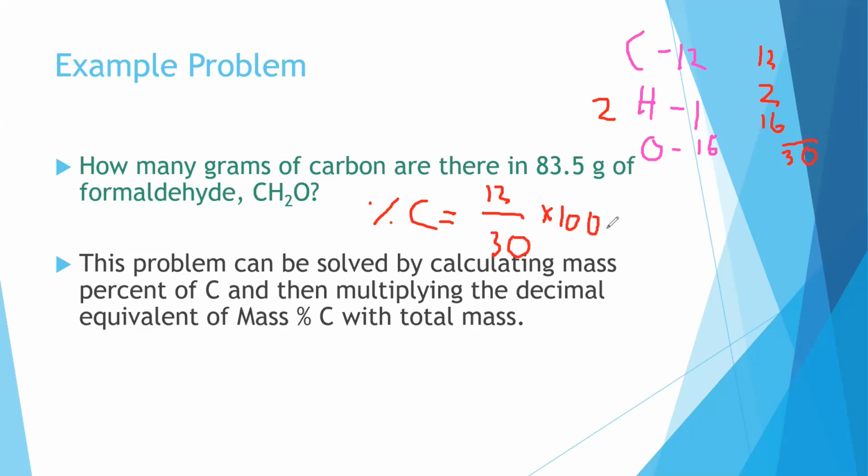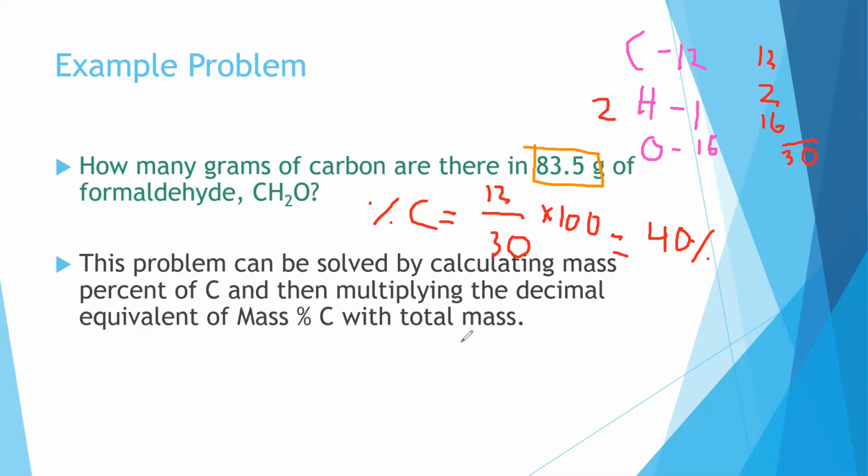So putting that in a calculator, we get 40%, which is a nice number. So 40% of this mass right here is the grams of carbon.